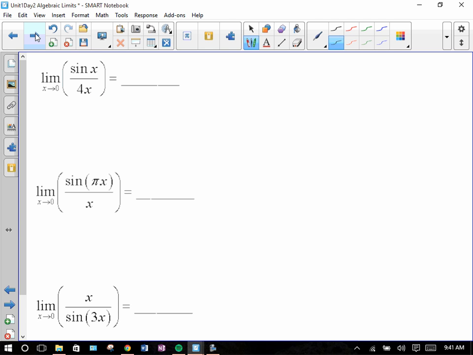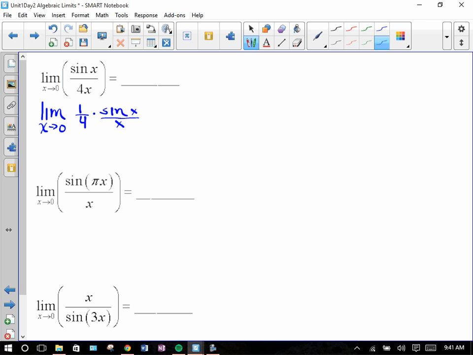The constant multiple rule. So really what this is saying is if we rewrite this, it is saying the limit as x approaches 0, when I divide by 4, that's the same as multiplying by 1/4. So really this is saying limit as x approaches 0 of 1/4 times sine x over x.